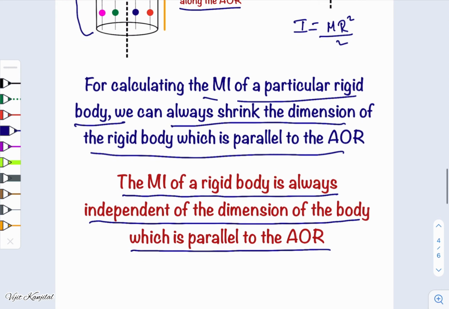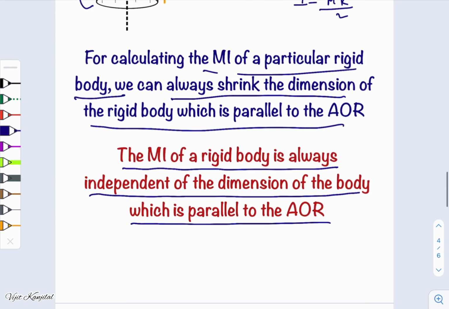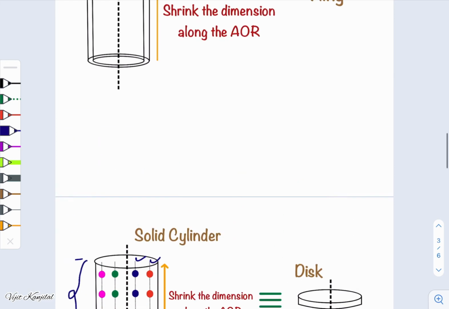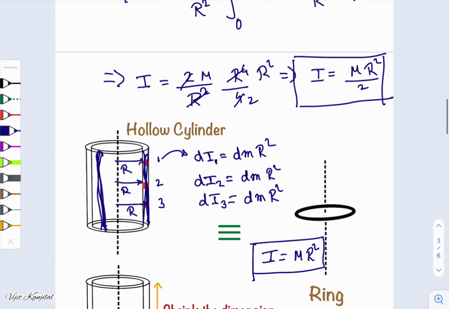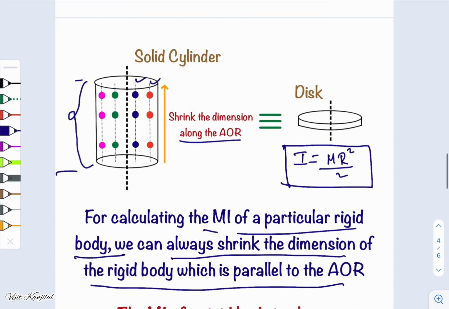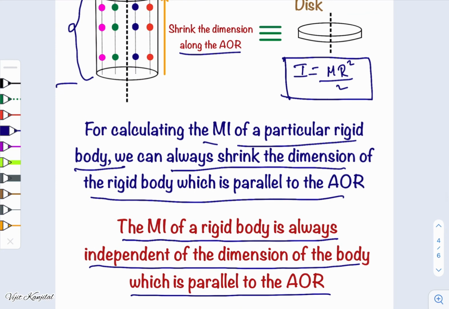So if we are given a solid cylinder, its moment of inertia is independent of the height of the solid cylinder. For the case of a hollow cylinder, its moment of inertia is independent of the height of the hollow cylinder. So this particular simple yet crucial point can help you all in solving lots of objective questions in a much easier manner.